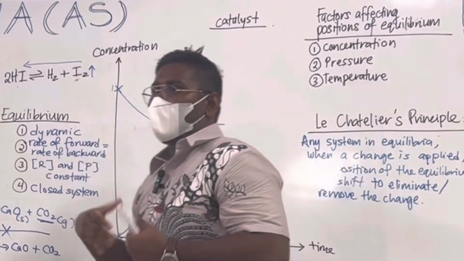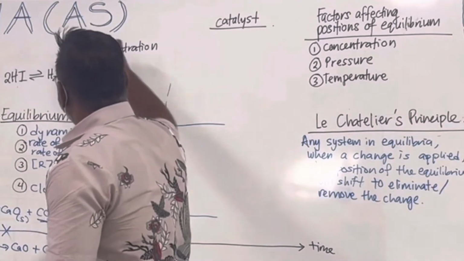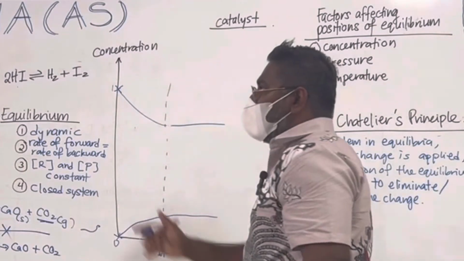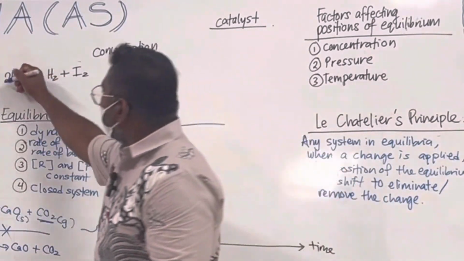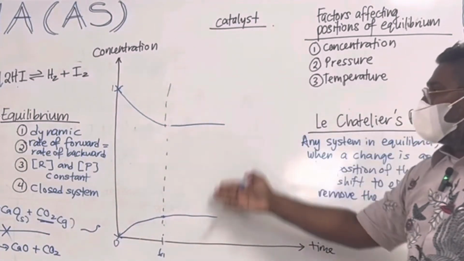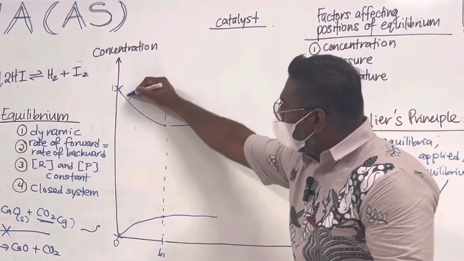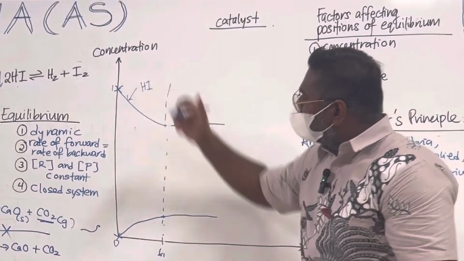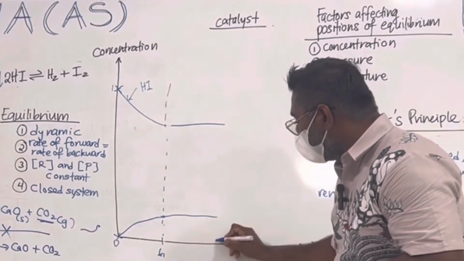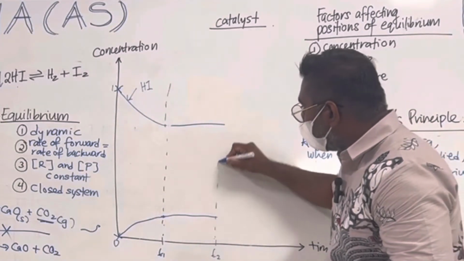Now, how do I represent this using a graph? Let's say I give you another example. Suddenly I decide to decrease the HI at one point of time. How do I actually show it in a graph? This is HI, and I suddenly decrease the concentration of HI. Let's say this is the time that I decrease the concentration of HI.